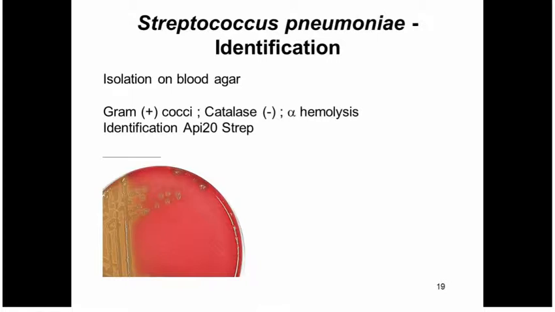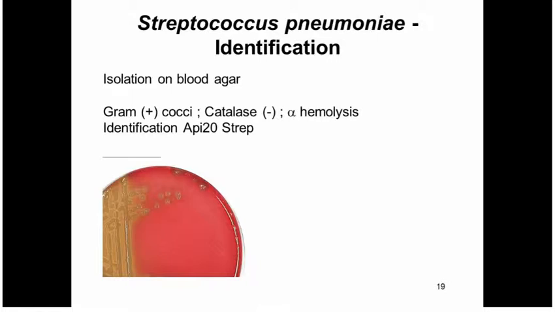What is happening here is that peroxide is produced during the respiration of the bacteria, or other reactive oxygen species, which are reacting with hemoglobin. There's no real lysis of the erythrocytes here. And gamma hemolysis is apparently no hemolysis.